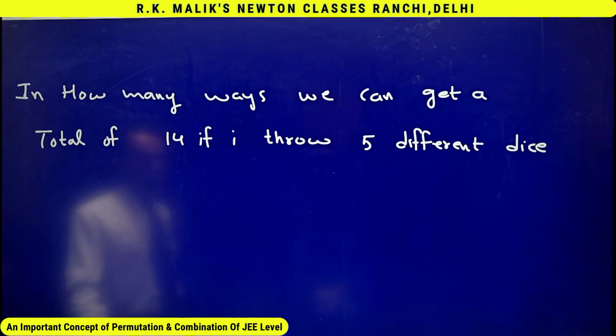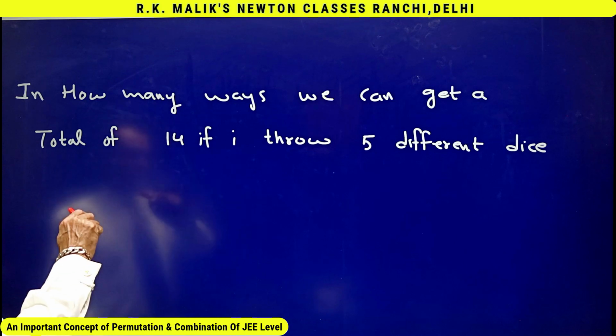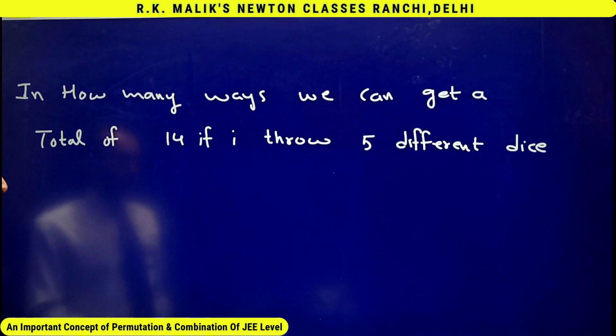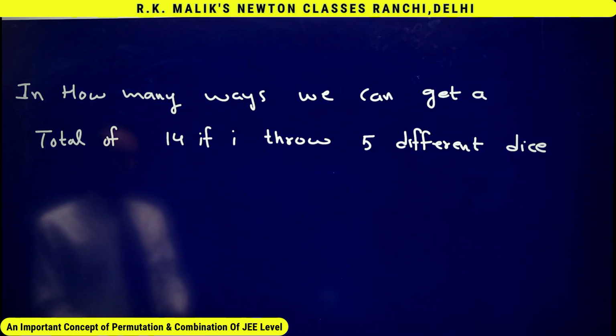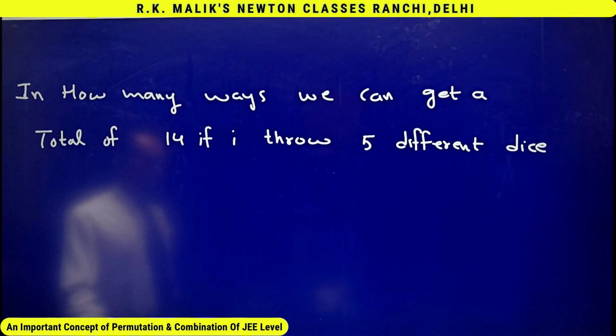Clearly it is very difficult to find all possible cases of getting a total of 14 with the help of 5 different dice by writing all the ways. To understand the proper way of doing this question, I do the previous question in which I was saying in how many ways I can get a total of 8 with the help of 2 different dice.